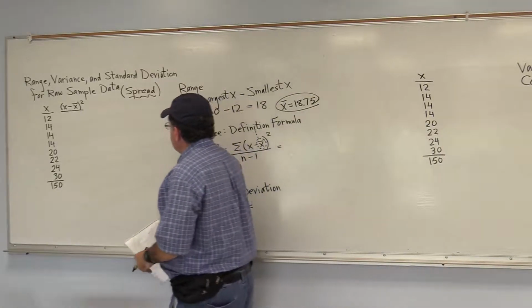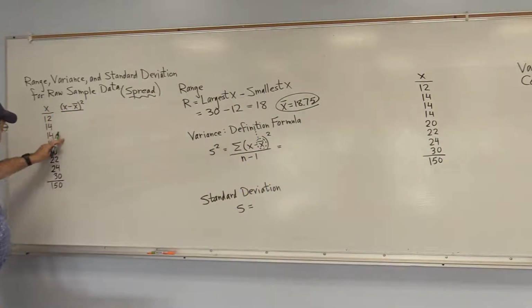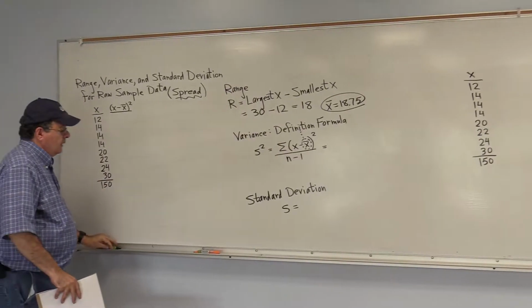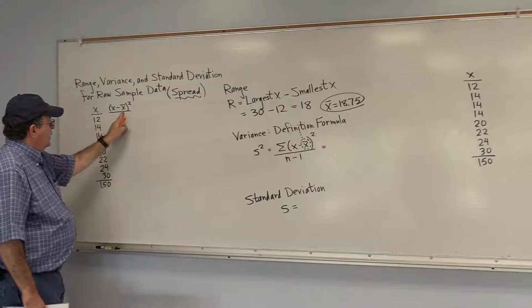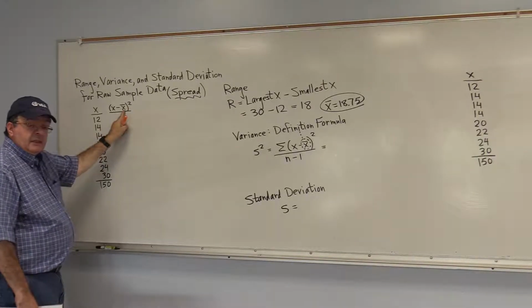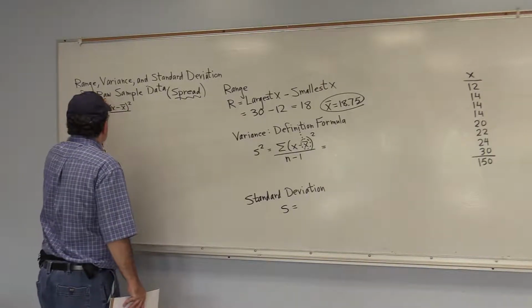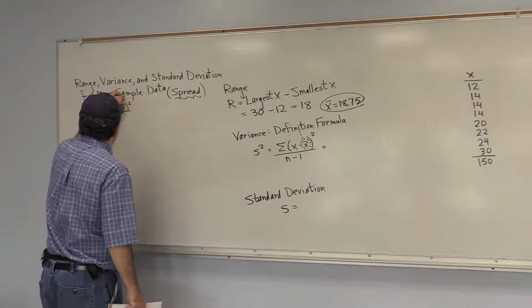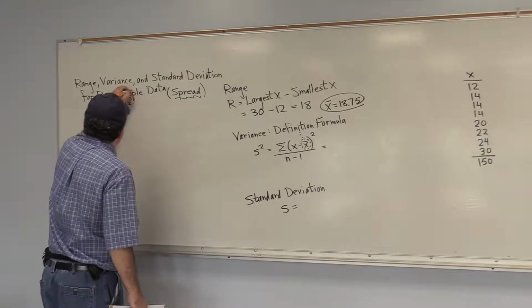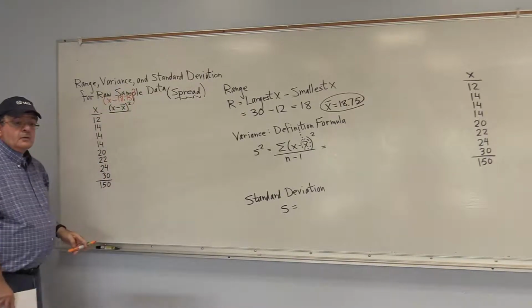So if we look over here, I have another column set up ready to go. I want a column for x minus x bar squared, but we know our x bar is 18.75. So this is really taking x, subtracting 18.75, and then squaring the whole thing.